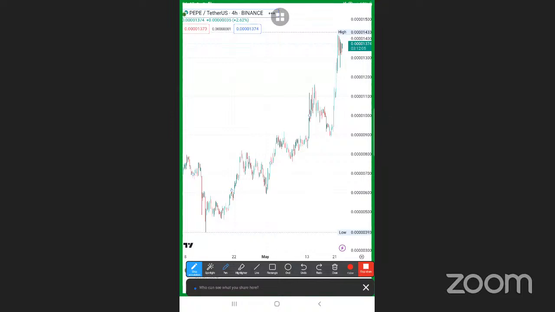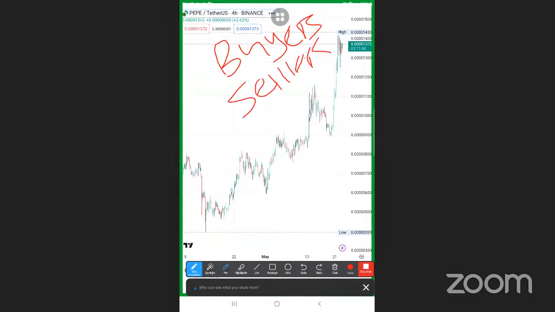Now, for us to be able to track the behavior of buyers and sellers in the market, we need a tool that we can use to measure their behavior, their emotions in the market. For us to be able to track them, we normally use candles.